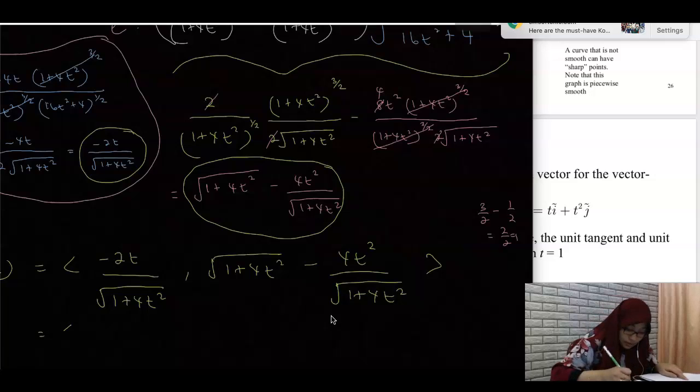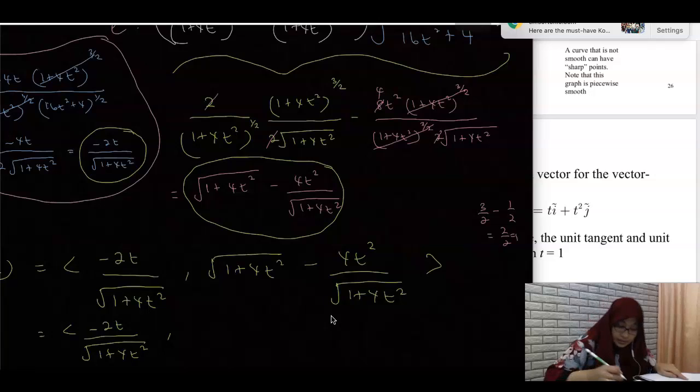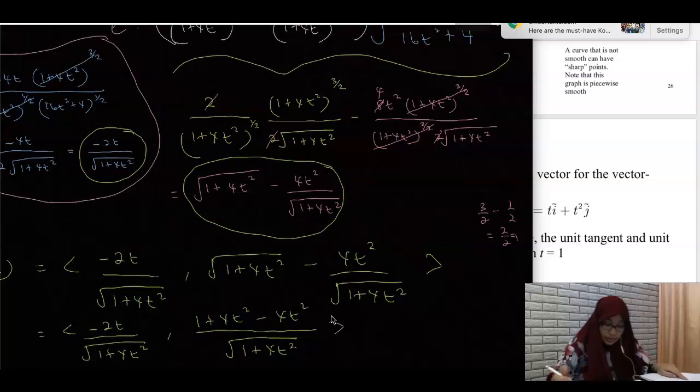Negative 2t over the square root of 1 plus 4t squared, and this one, we have the same denominator, so we have 1 plus 4t squared minus 4t squared over the square root of 1 plus 4t squared, and this one cancels out.